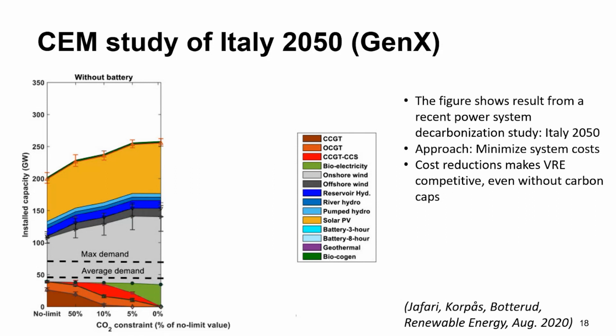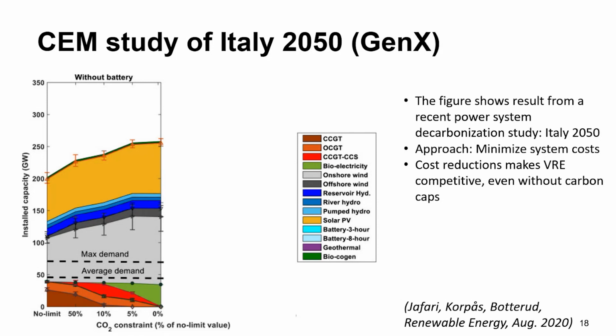So adding battery as an investment alternative in this system, then we have to assume cost for the battery. If we just used 2020 cost, it would not change because it wouldn't install anything.